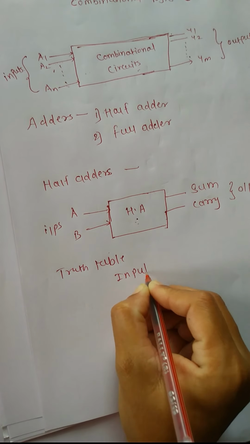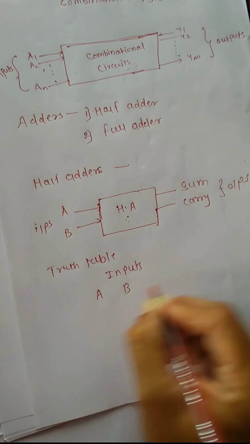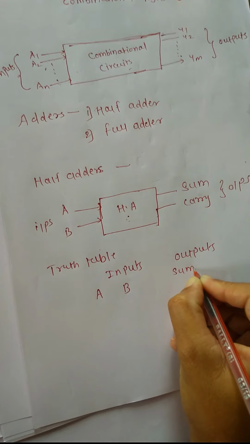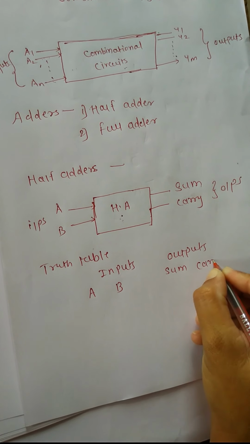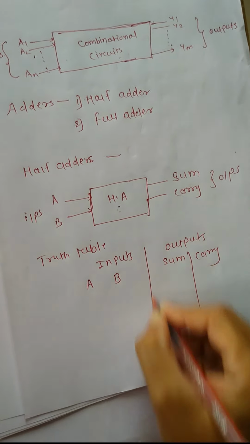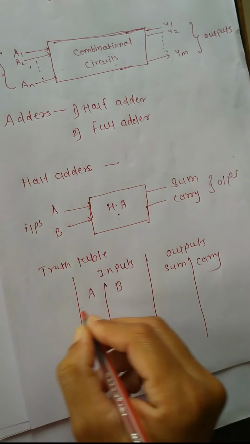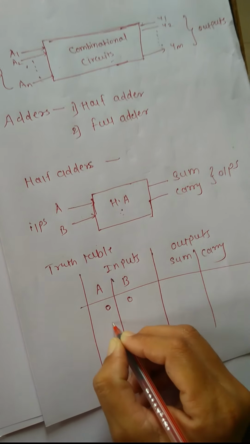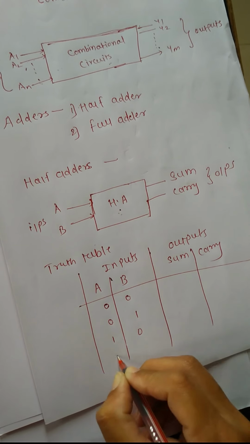Inputs are two, A and B, and outputs are two, sum and carry. For these two inputs there are four possibilities: 0 0, 0 1, 1 0, 1 1.